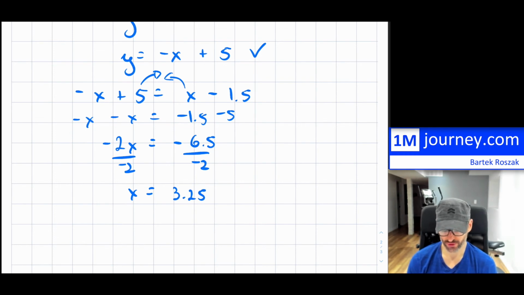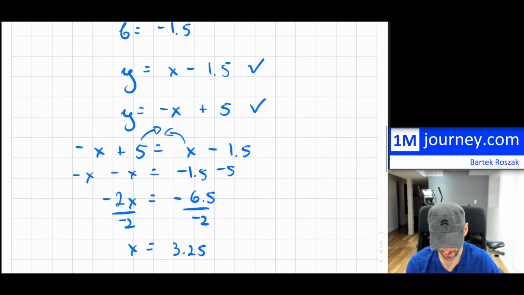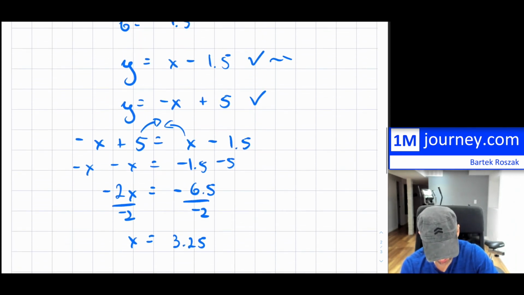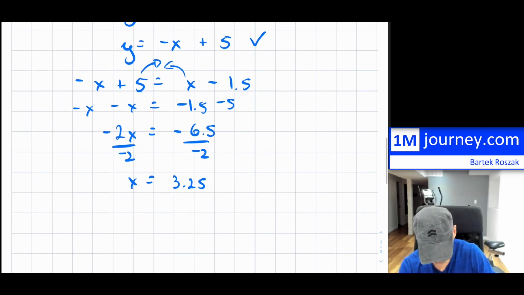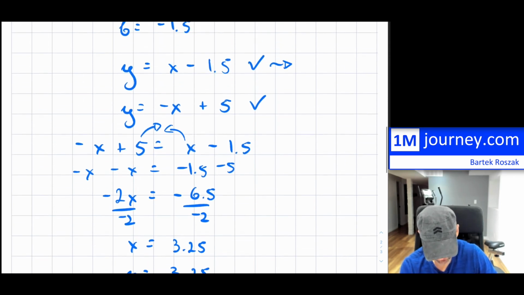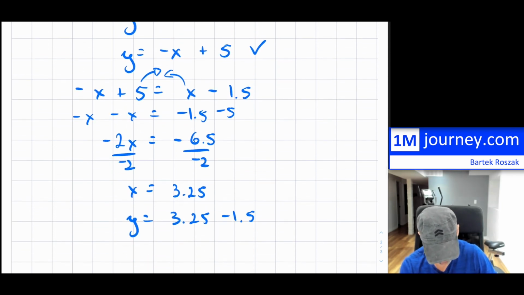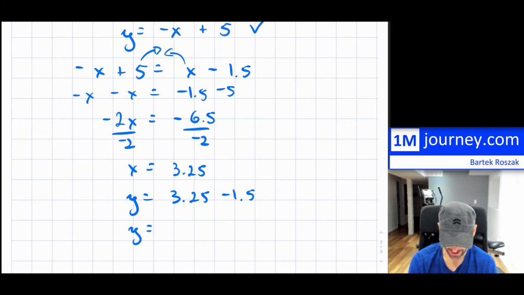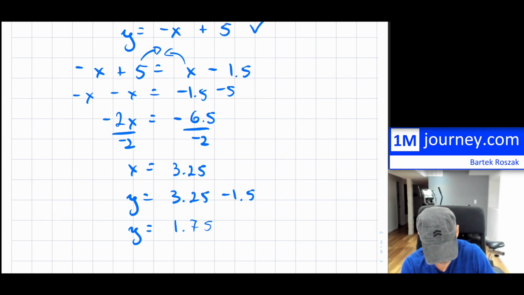Substituting that 3.25 into any of those equations is going to give you your y value. For that, it doesn't really matter. I can substitute it into this one, for instance. y is equal to 3.25 minus 1.5. And that's going to give me my y value, which is going to be 1.75.